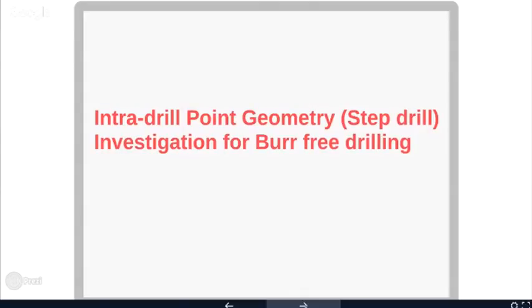We call that an intra drill point geometry investigation. And one more concept we originated from that: with the help of variation in the cutting angles of this jaw drill point geometry or step drill point geometry, we are able to decrease the burr formation on the workpiece.